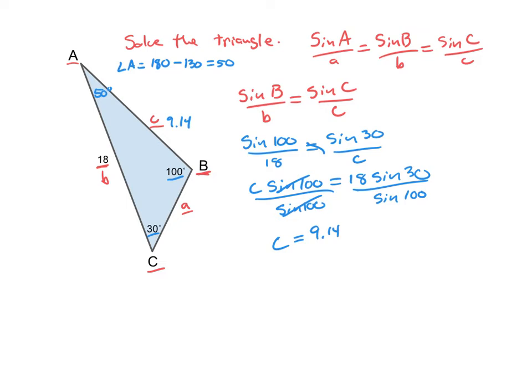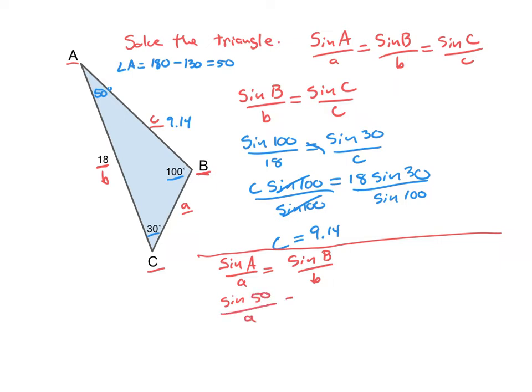So now that we know angle A, I can set up another equation for the law of sines. So now I'm going to do the sine of A over a is equal to the sine of B over b. So that's going to be the sine of 50 over a is equal to the sine of 100 over 18.